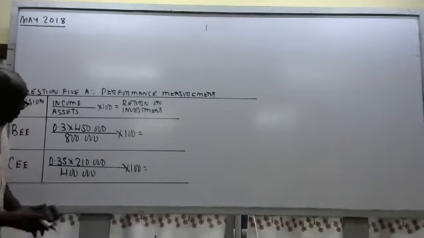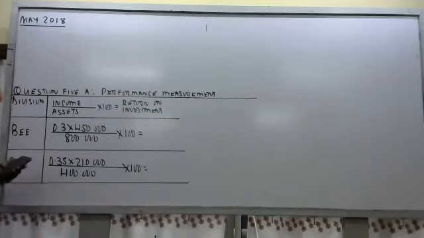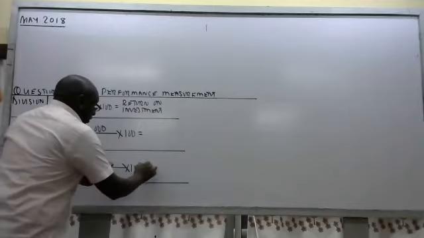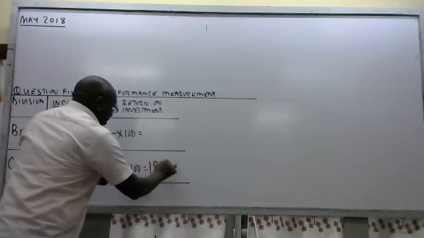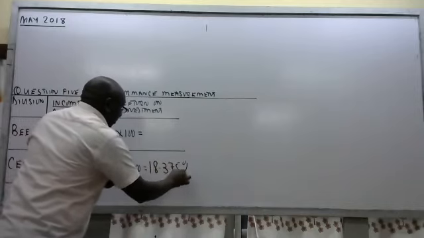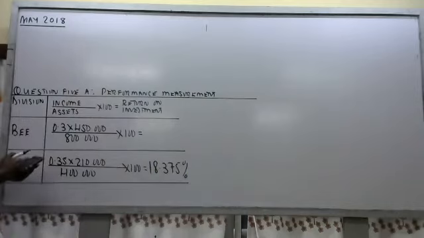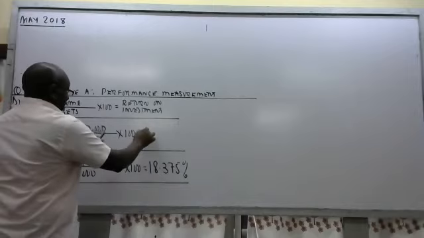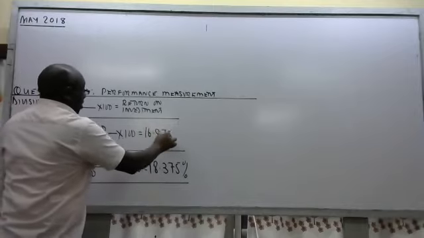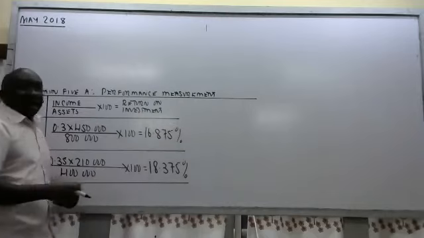You do that quickly, you get 0.35 times 210 divided by 400 times 100 is 18.375%. 0.3 times 450 divided by 800 times 100 is 16.875%.